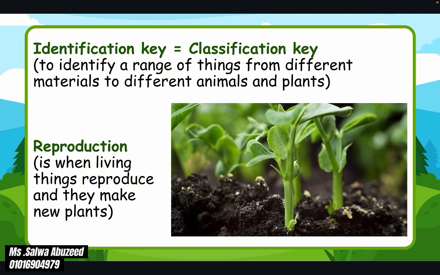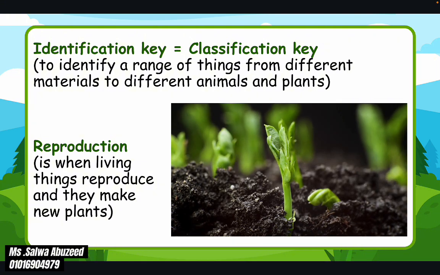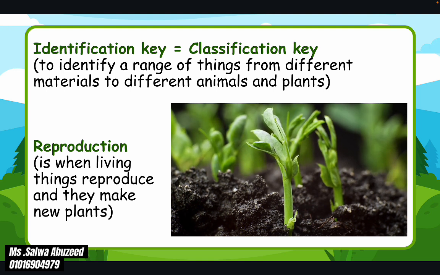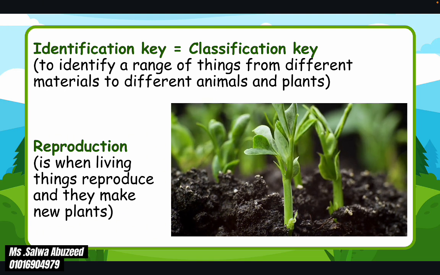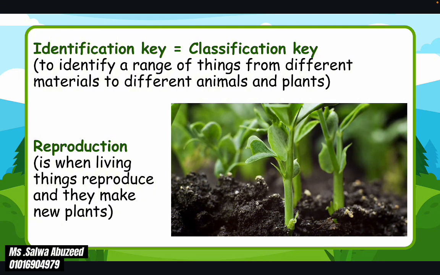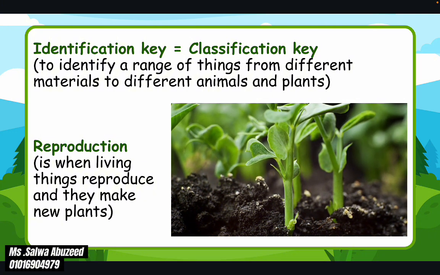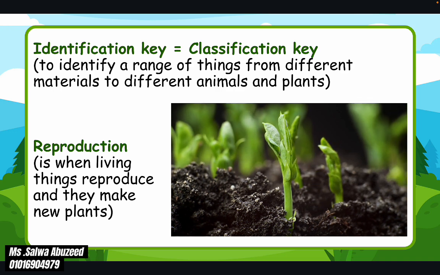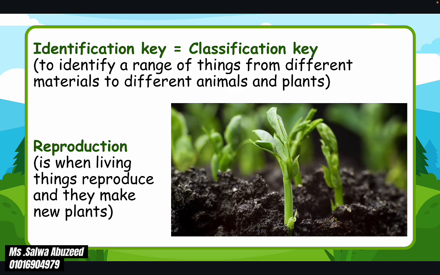Okay, so going to Unit 2, starting with reproduction. Reproduction in general is for all living organisms. All living organisms reproduce in order to keep living on Earth, because once we stop reproducing, we're going to go extinct. For example, the dinosaurs: when they stopped reproducing, there were no more dinosaurs, so they vanished.